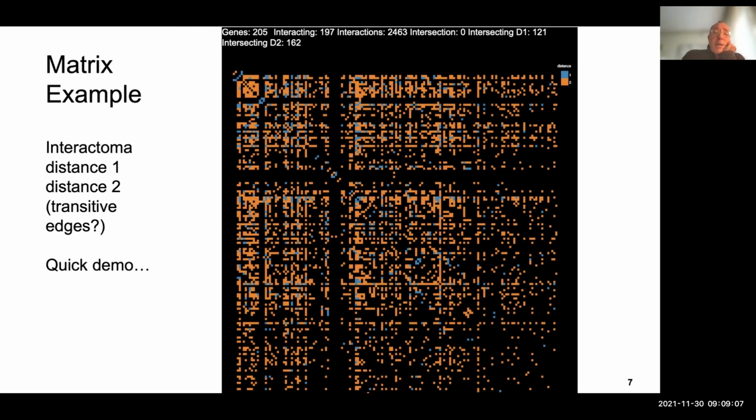And basically, here on the matrix, this is the list of all the genes you are observing. And if there is a square in the middle, an orange square, it means that that gene interacts with the other gene. Here we are observing 200 genes. This is a 200 by 200 matrix.